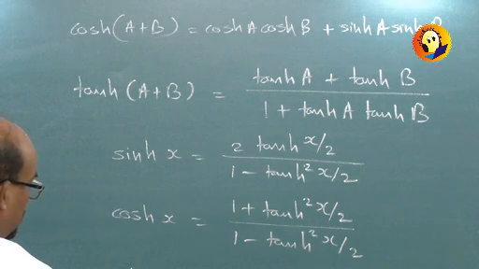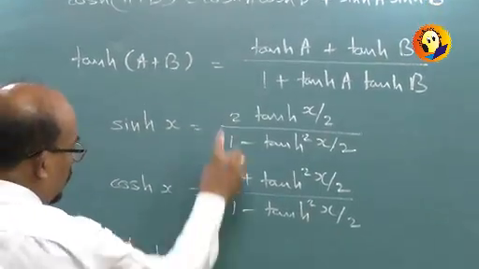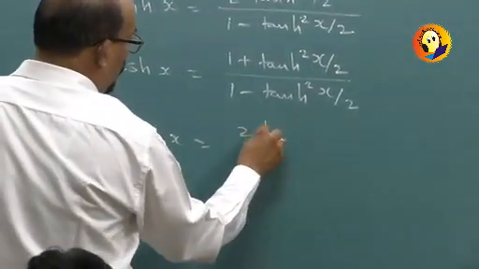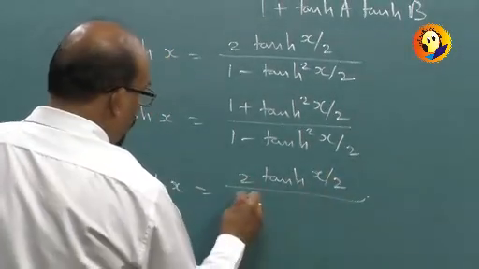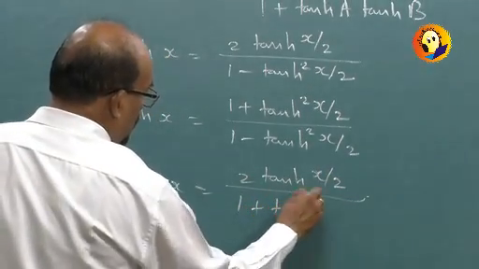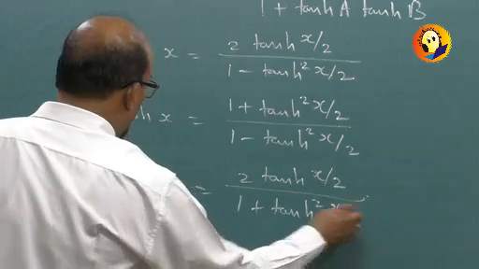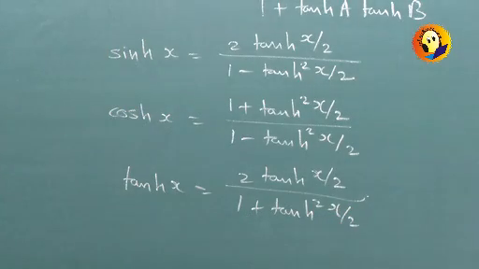And tan x is obviously ratio of these two, 2 tan x by 2 upon 1 plus tan square x by 2. We have written actually tan 2x, but we require even these two.